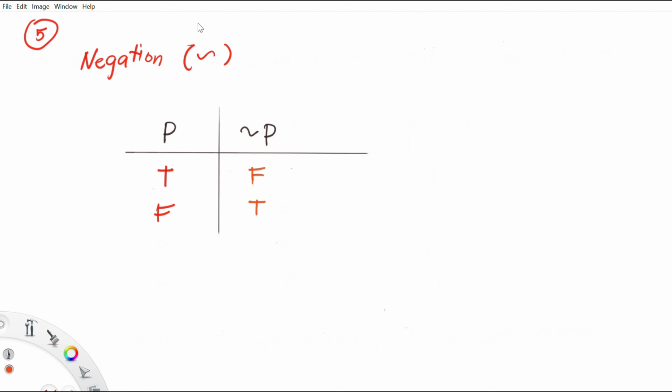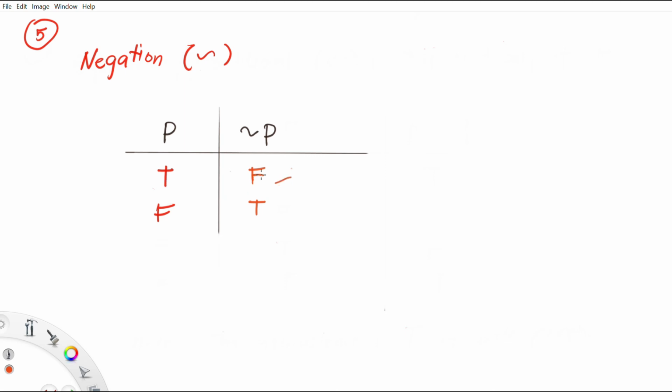So the fifth connective is the negation. Negation is a proposition which is a result of reversing the truth value of a given proposition. So P and not P: it's only the opposite of the truth value, which is true here and then it became false.